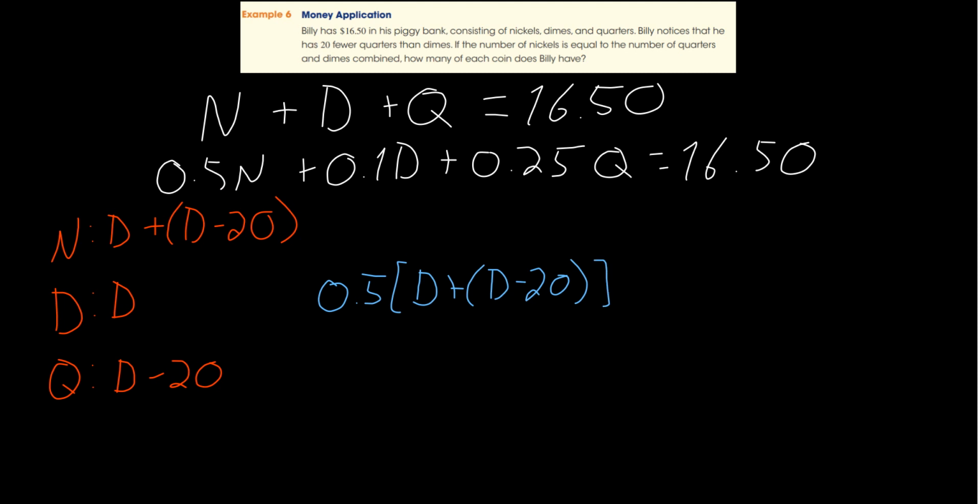Plus 0.1 D, because that's the amount of dimes. And then my quarters was 0.25. No, I didn't need to change that.